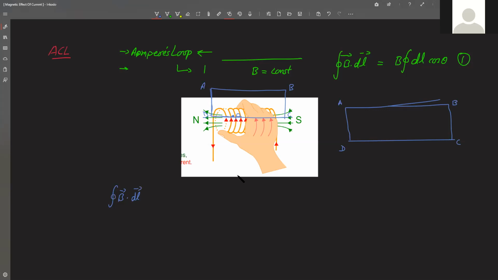What we see here is that this B dot dl can be divided into 4 segments. That is, for segment A to B, then the segment not closed here because this is no more closed now.